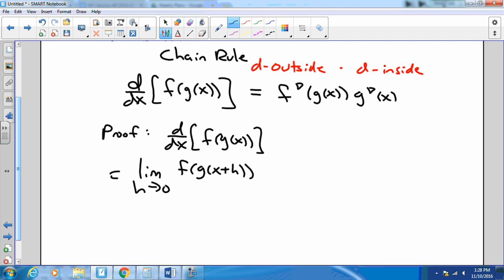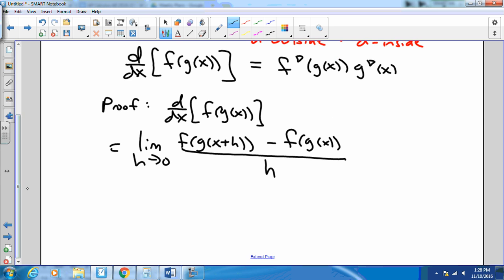We're going to evaluate f of g at x plus h. And we're going to evaluate f of g at x in order to get the difference between the y values. And we're going to divide by h to get the difference between the x values, and we let h go to 0. But now we pulled off a clever trick, which was multiplying by 1.